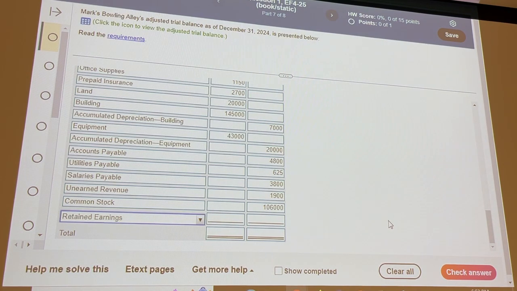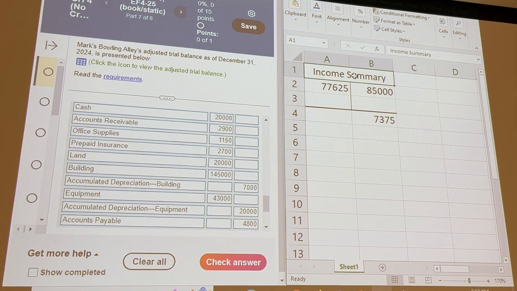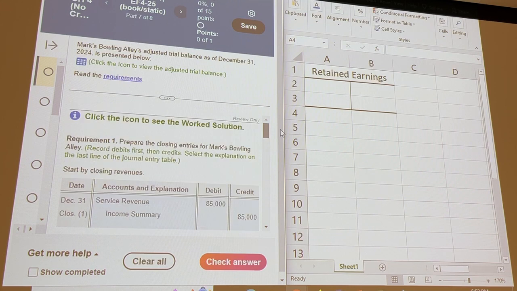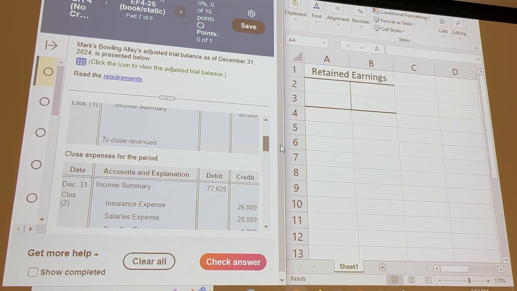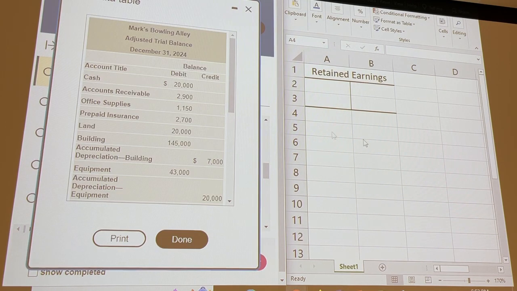Okay, so I'm going to go to Excel now, and we're going to change this T account here to retained earnings. In our closing journal entries, closing journal entry number 3, you can see that we made, well, let's start with the beginning balance in retained earnings.